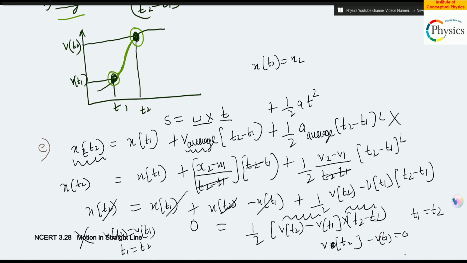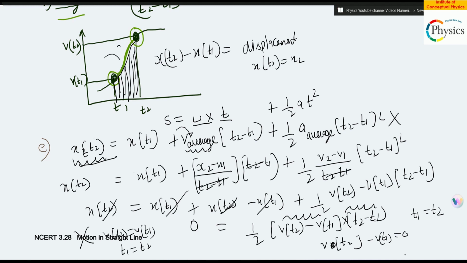Let me give you another example. If you were to find the total displacement which is happening, you can calculate it with the help of area under the curve, right? Averages like these don't help you find displacement. What is the displacement? The displacement would have been x t2 minus x t1. And this is a non-uniform motion.